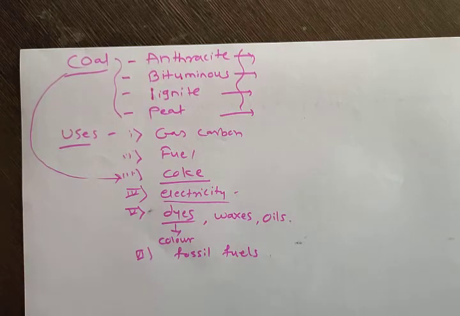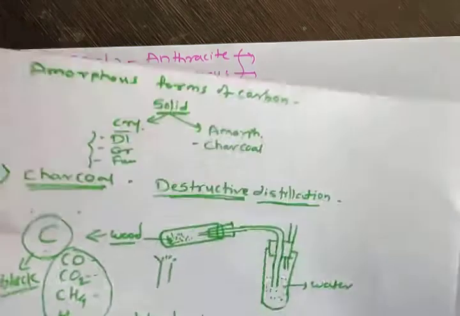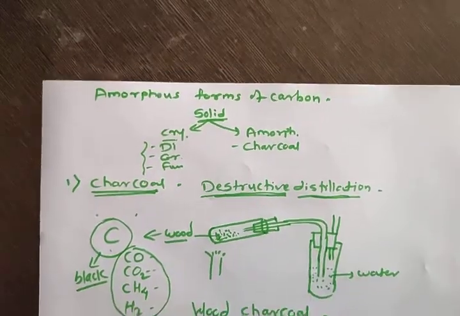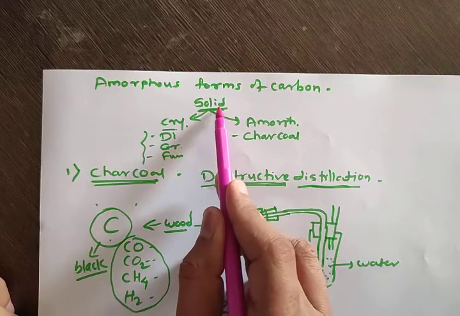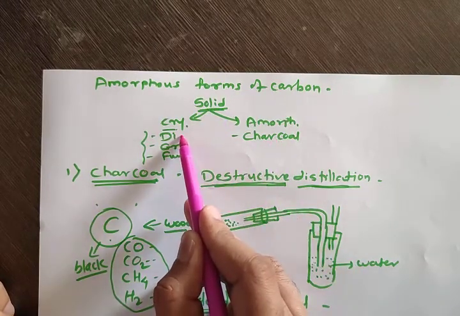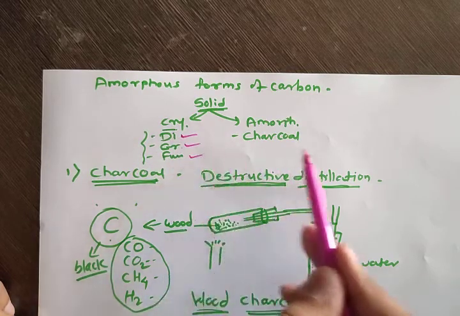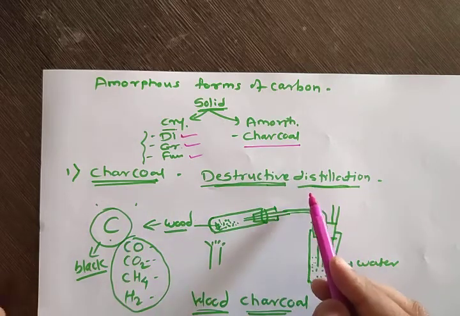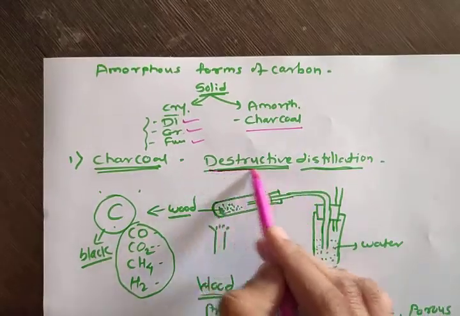Okay, so let us revise what we have studied. First we categorized solid substances into crystalline and amorphous. Crystalline substances we studied in the first part: diamond, graphite and fullerene. Now in amorphous forms we first studied charcoal.